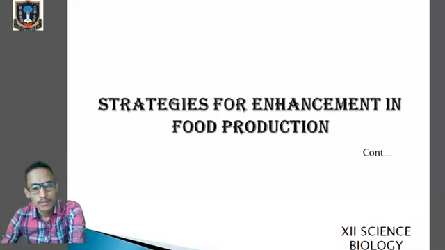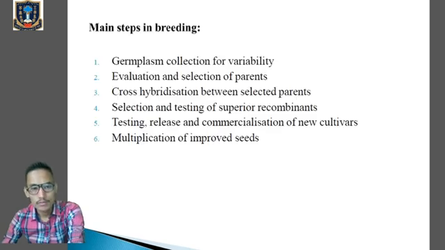We are dealing with the chapter strategies for enhancement in food production. So we'll continue with that. In the last class, we were discussing the main steps in breeding. We learned about germplasm collection for variability, evaluation and selection of parents.